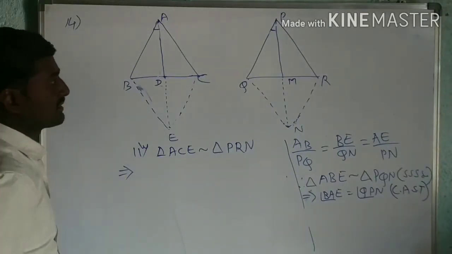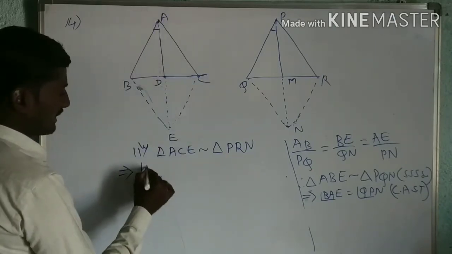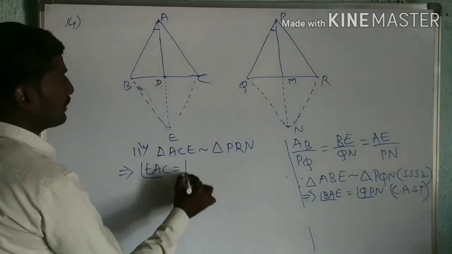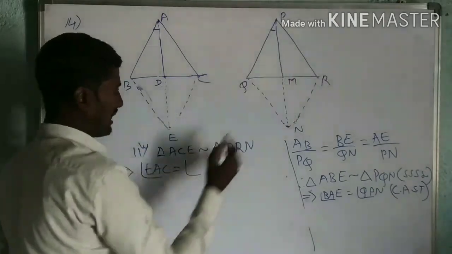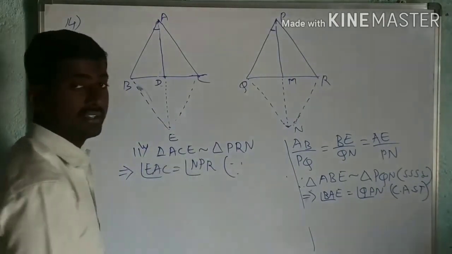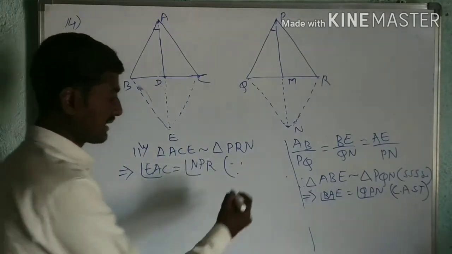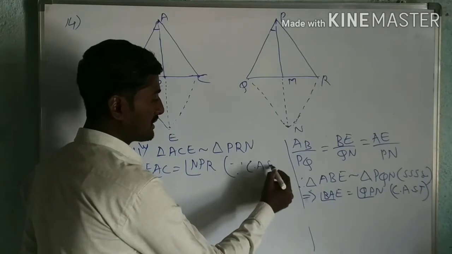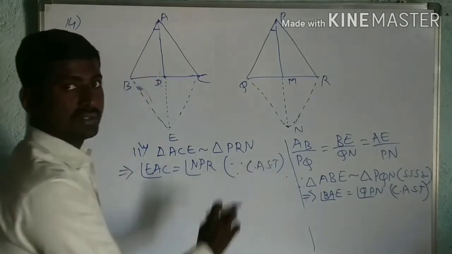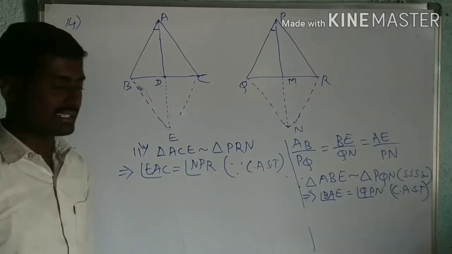This implies angle EAC is equal to angle NPR. Again, this is because of corresponding angles of similar triangles. You write it in words.